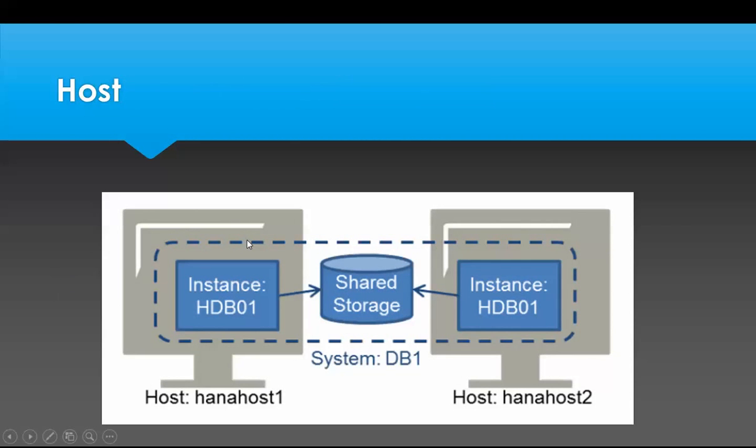See, a host is the operating environment in which SAP HANA database runs. The host provides all the resources and services like CPU, memory, network, operating system. It provides all these resources and services that the SAP HANA database requires. So host is responsible for that.